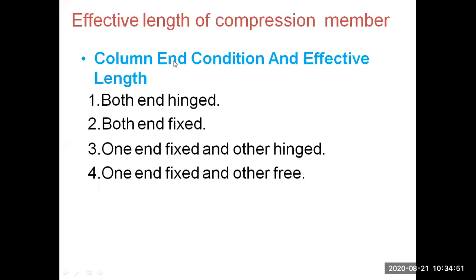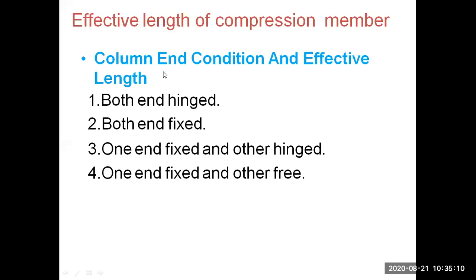So the next part is the effective length of the compression member. Actually the column is a vertical member, or the compression member is a vertical or inclined member. There are boundary conditions at the ends.